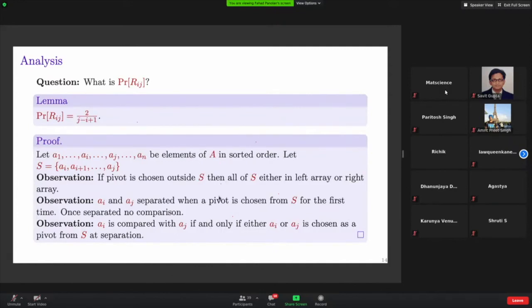So this I explained. Now this is just the formal way of writing it. Whatever I explained, that is it.